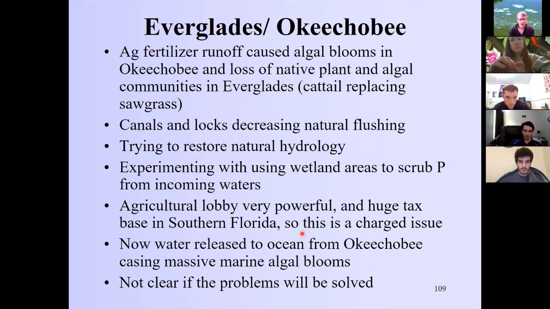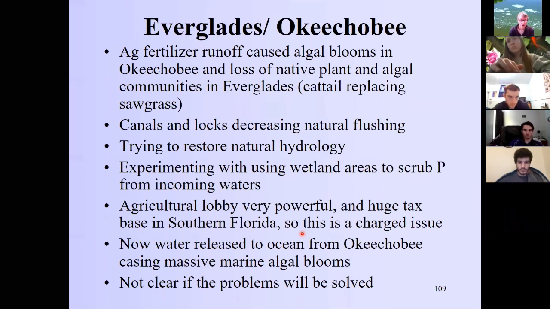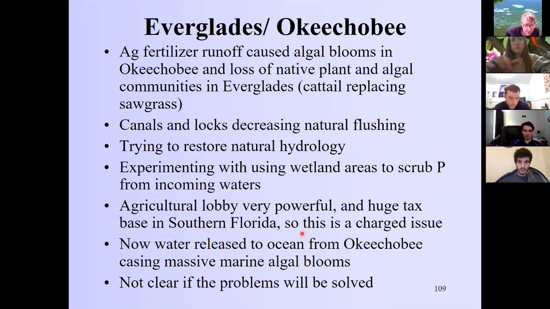There's a really charged issue because the ag lobby in southern Florida is really powerful, huge tax base. And now what they've done is they've dumped water into the ocean from Okeechobee because it's also got algal blooms, and it's causing algal blooms in the marine system. It's not clear if these problems will be solved, but these toxic algal blooms moving into the nearby coastal ocean have really caught the attention of people.